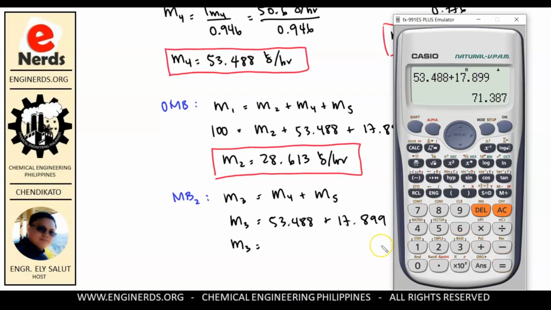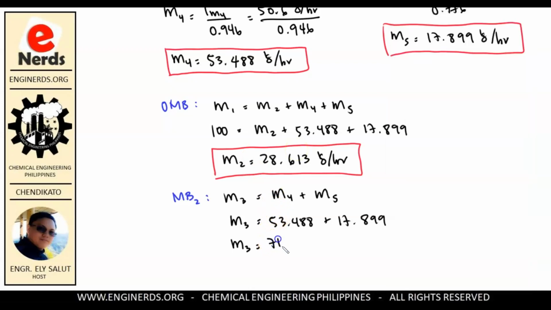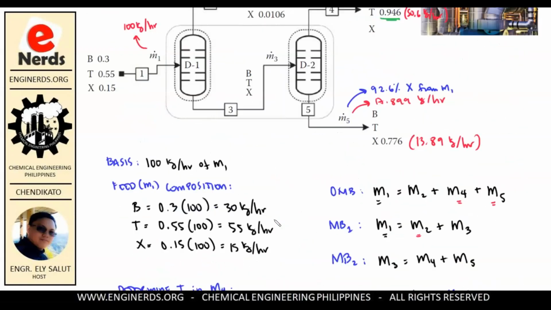So this is equal to 71.387 kilogram per hour. Okay, so now we have the value of all our streams. So our M3 is equal to 71.387.